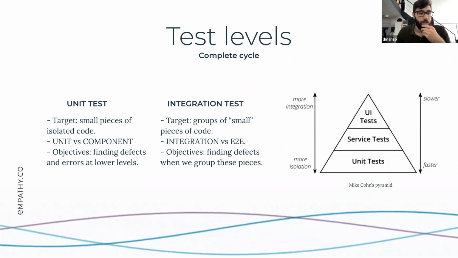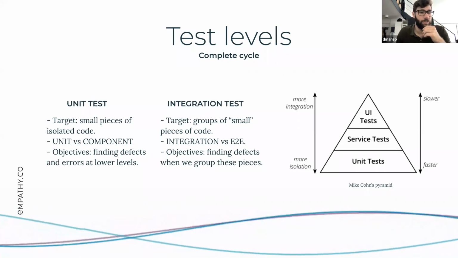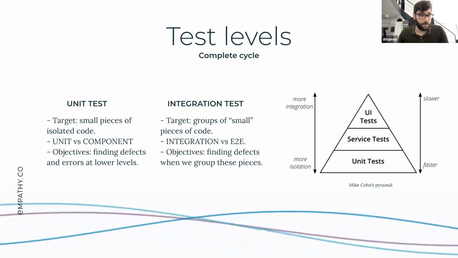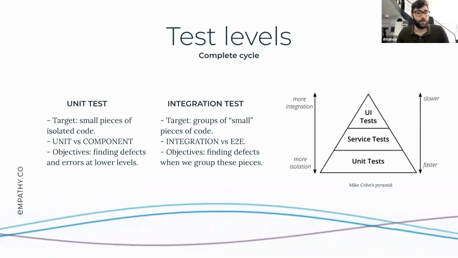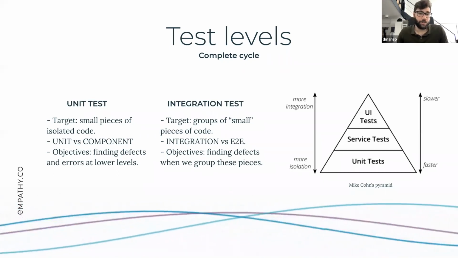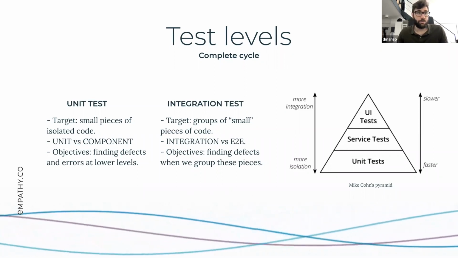Okay. So unit testing, component testing. I would like to explain first the difference. Unit testing and component testing are not exactly the same, but we usually treat them as if they were. So in short, in unit testing, we do white box testing, which is focused on the code and how it is done.